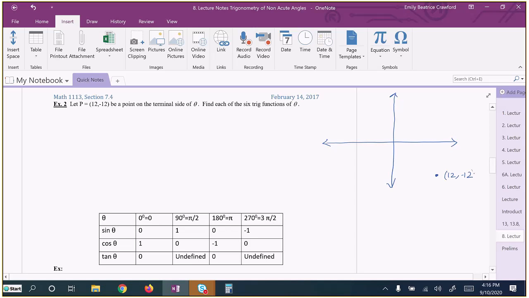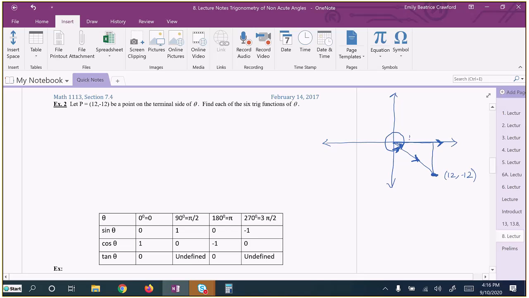And I'm going to complete the right angle triangle. So the angle has the initial side coincident with the positive direction of the x-axis, and the terminal side is this one with the point 12 comma negative 12. So this is the angle for which we're finding the trigonometric ratios. But again, remember, we are just using this reference angle to work it out.